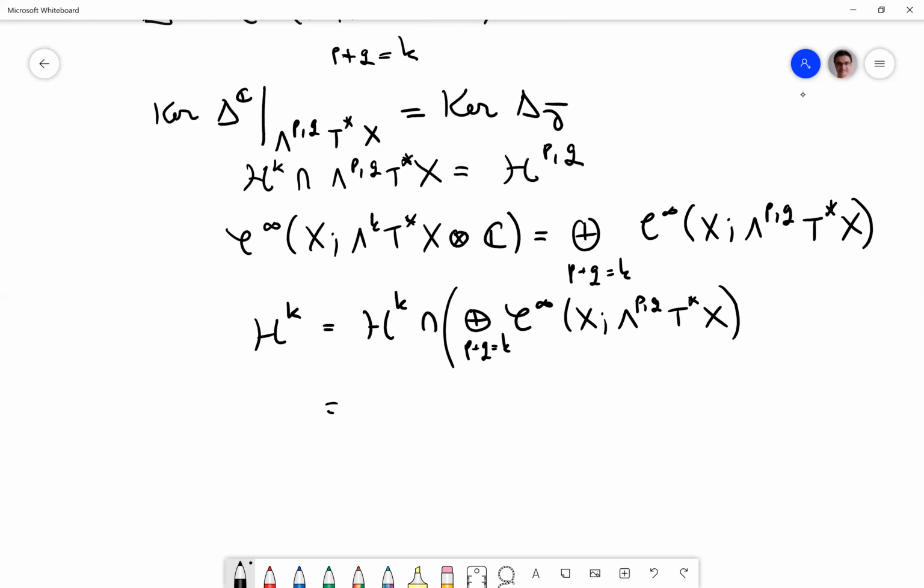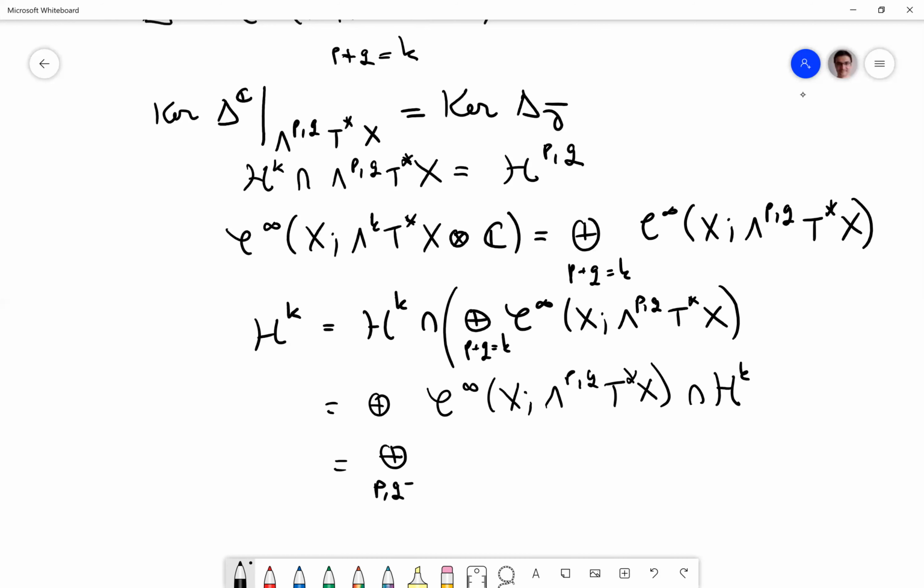And from all of this, it follows that with the intersection, you can go inside the direct sum. So you get H^K intersected with each piece, and this is nothing but the direct sum, P plus Q equals K, of H^PQ.